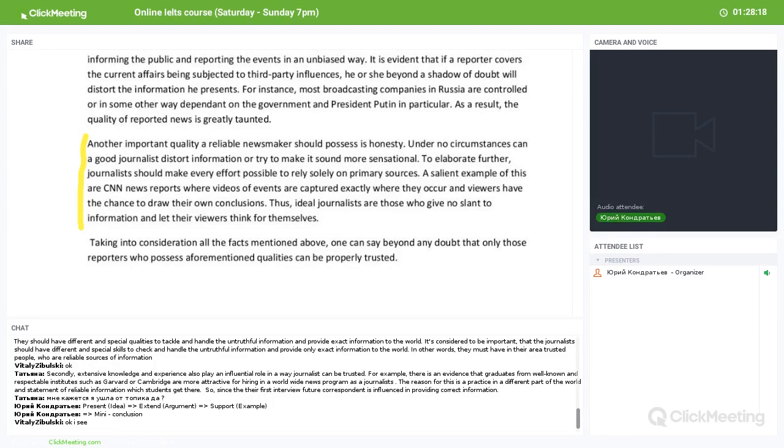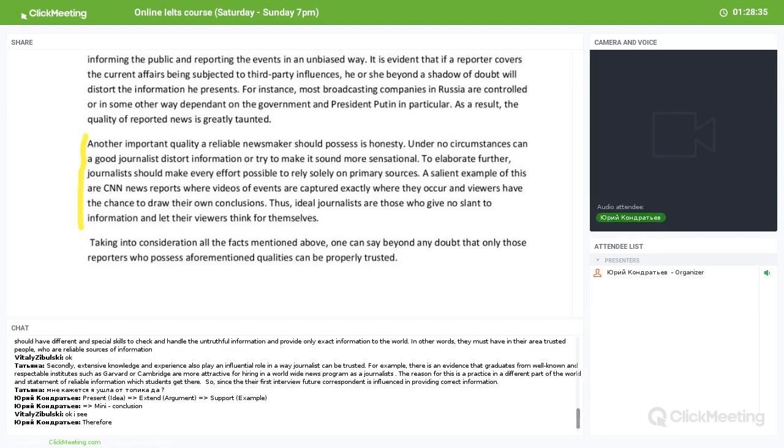Try to replace it with receive or something like this, or become in some cases. So again, instead of so, it's better to say therefore, because so is for speaking, not for writing. Therefore, since the first interview, future correspondence influenced in providing correct information.